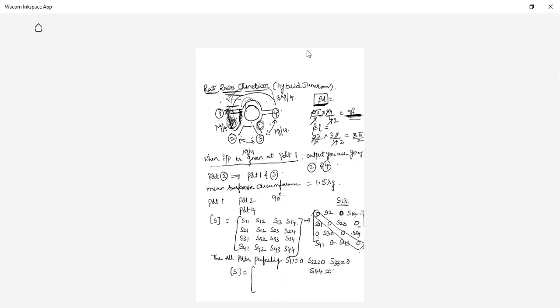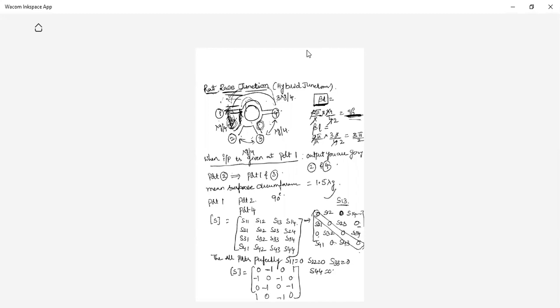To represent that, in some textbooks it is given like this: clockwise -1, anti-clockwise +1, so 0, -1, 0, -1; 1, 0, -1, 0, and so on. You can write like this also. No problem, you can stop at this S matrix. So this is the rat race junction.